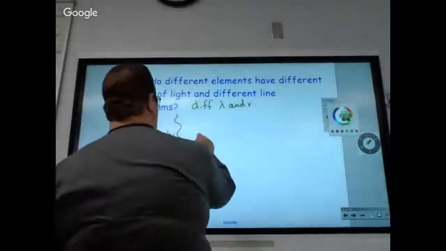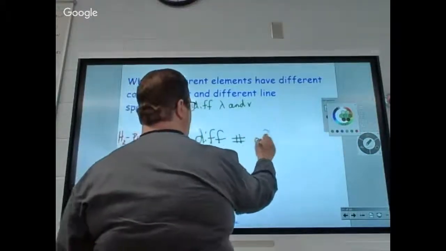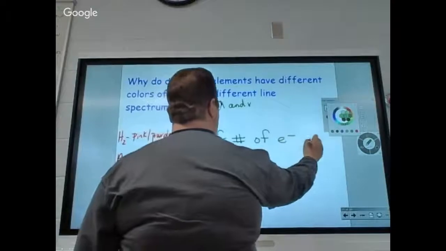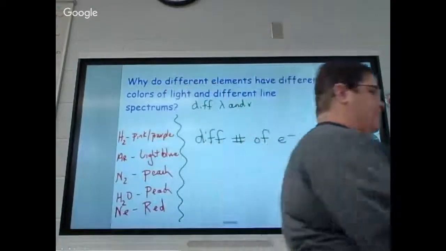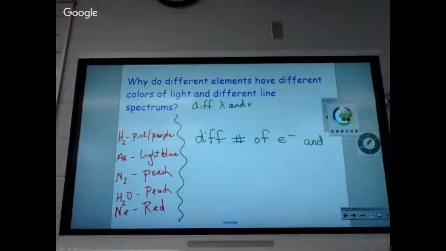We have different numbers of electrons, and there's one more piece. The numbers of electrons are different, and one other thing. This is where we're going over the next roughly week, week and a half. Protons? Protons are the nucleus. It can't do anything. It's got to do with the electrons.